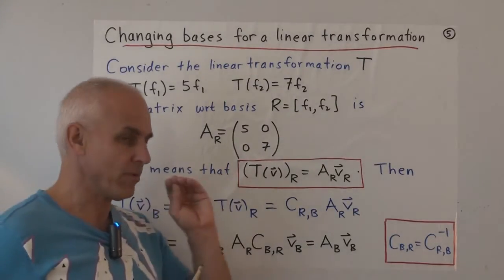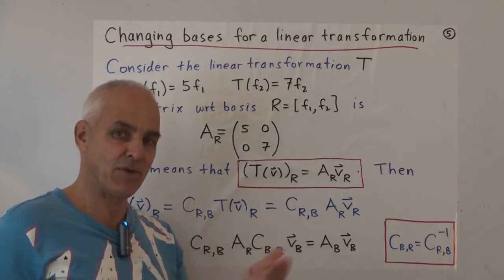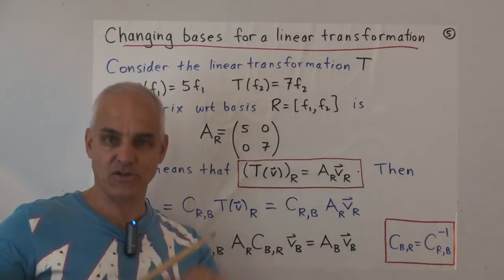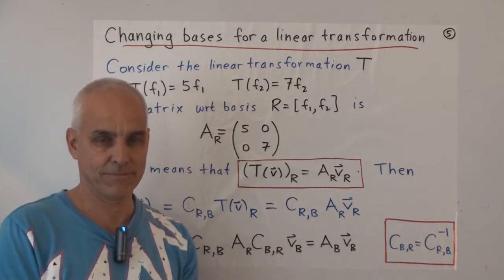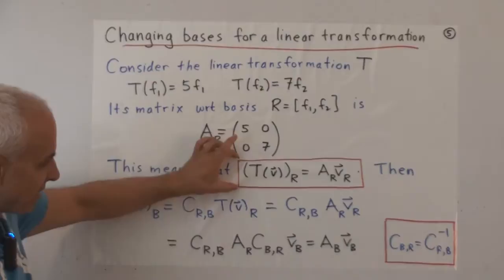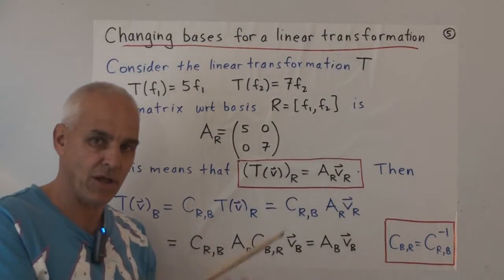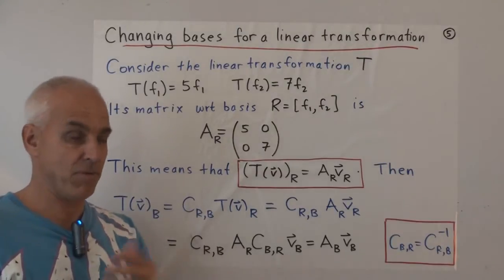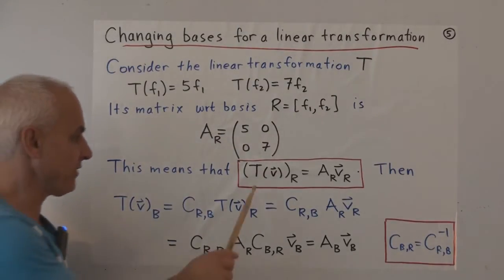So now we want to convert this to information about how the same linear transformation looks in Bob's system. We have to take this equation and replace all the things involving Rachel with things involving Bob. Okay, so let's start with the left-hand side.